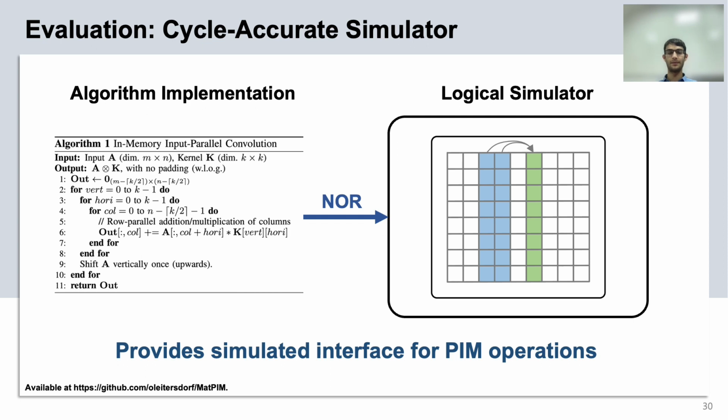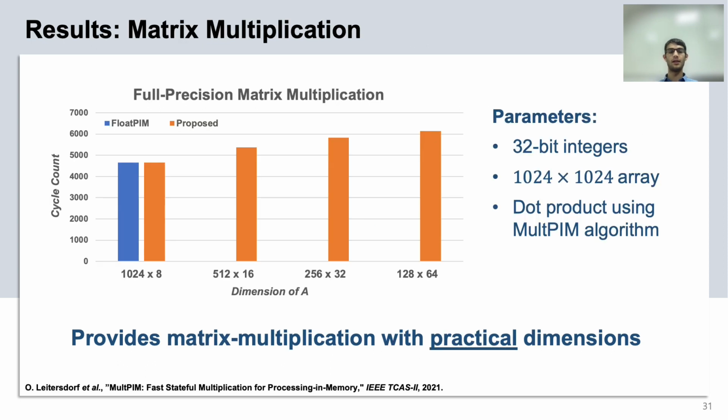Using this simulator, we're able to start by demonstrating the results for matrix multiplication. We see that at the asymmetric dimension of 1024 by 8, we match the results from the previous papers, but we're also able to extend to much more practical dimensions, such as 128 by 64.